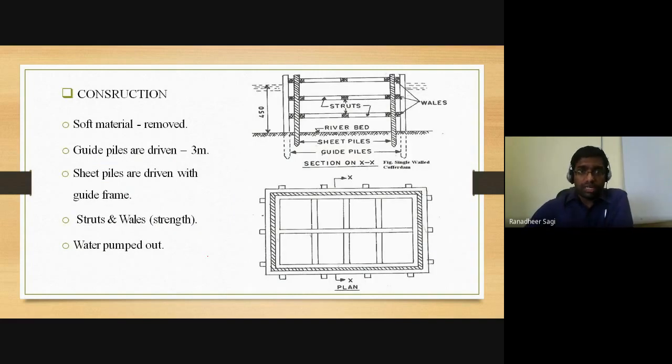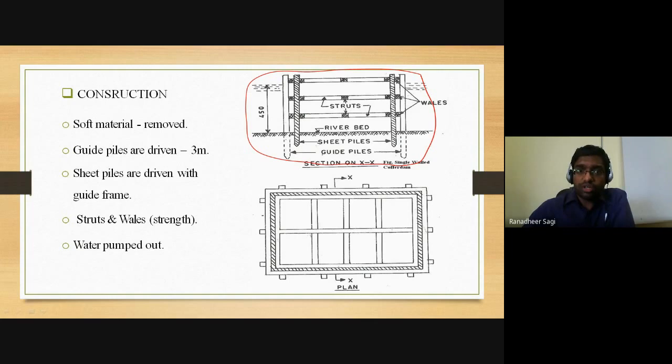Whenever it comes to the construction process, let's look at this image, this picture, which clearly tells us how this process of construction is taken up.